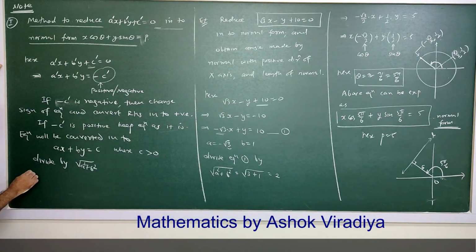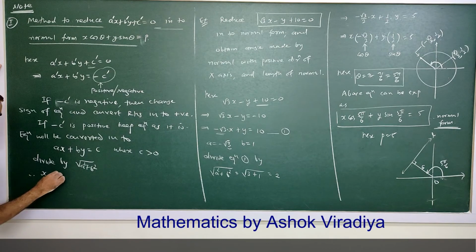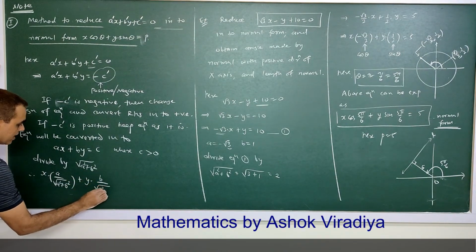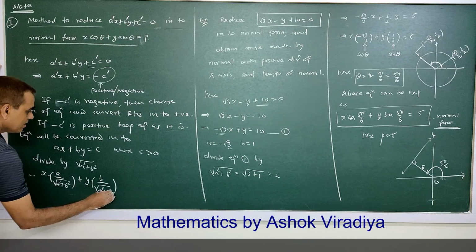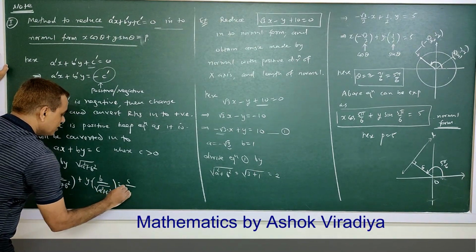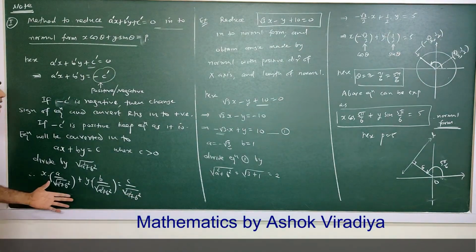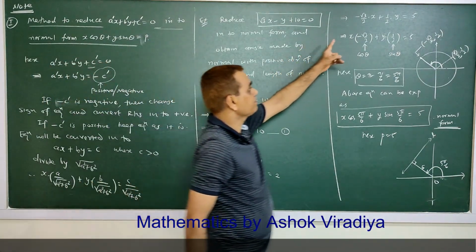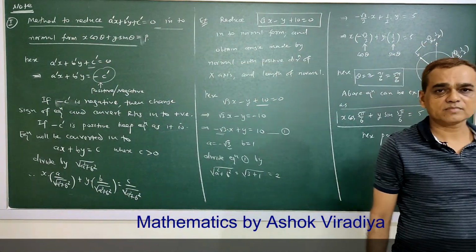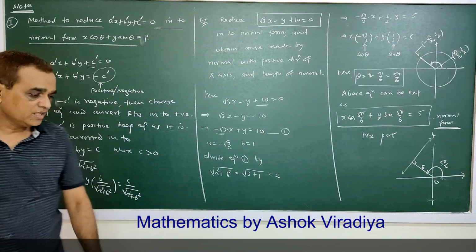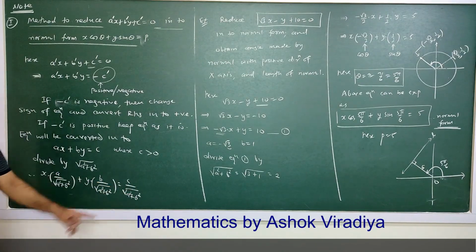So x into a by root a square plus b square, plus y into b by root a square plus b square, equal to c by root a square plus b square. So it will be converted in this form. And here, because c is positive, this will be the value of p.